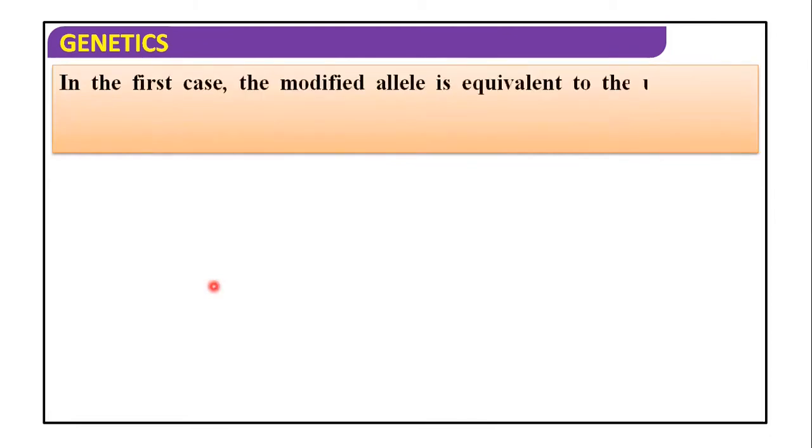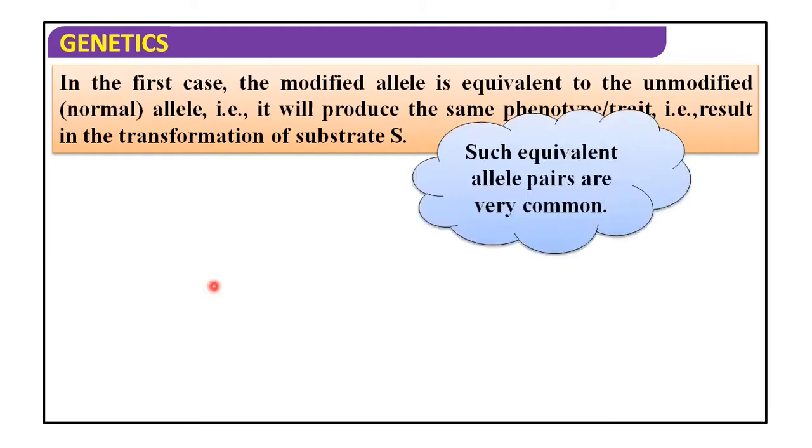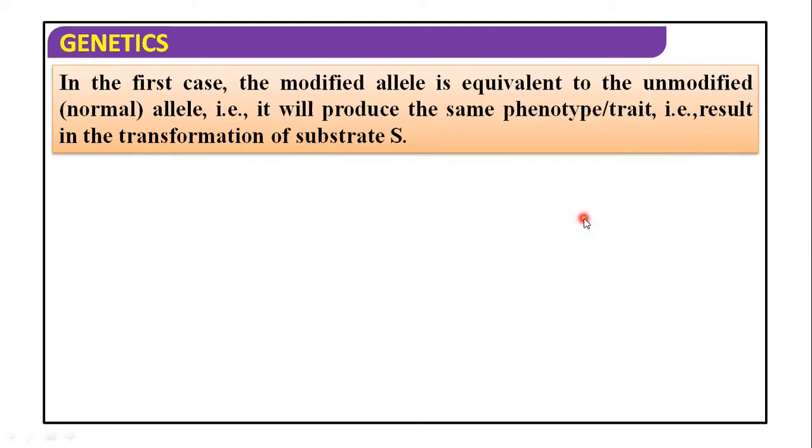In the first case, the modified allele is equivalent to the unmodified allele. That is, it will produce the same phenotype, the same character, resulting in the transformation of substrate S. Such equivalent allele pairs are very common.